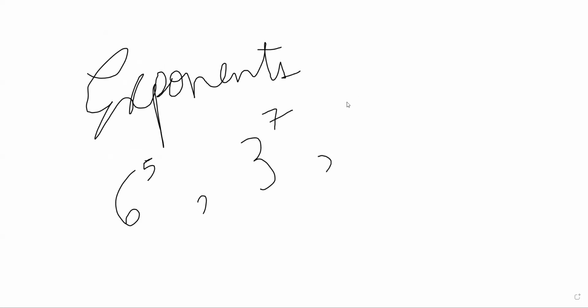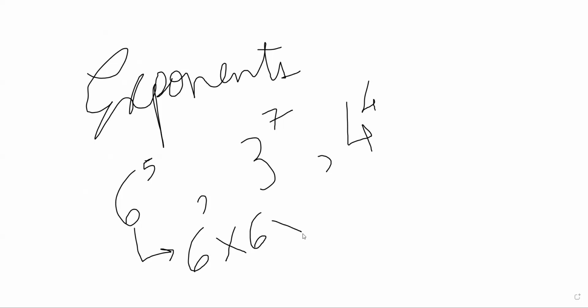If the number or the given term is 4 raised to 4, then how to solve? This all we have discussed. So, for example, if it is 6 raised to 5, means 6 will be multiplied by itself 5 times. 6 into 6 into 6 into 6 into 6.